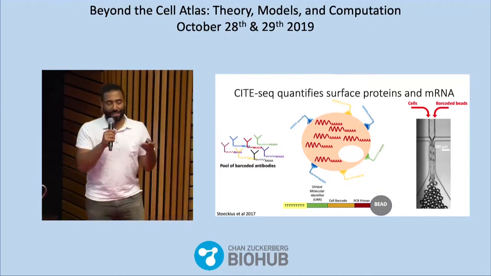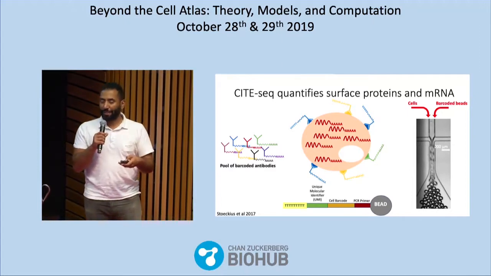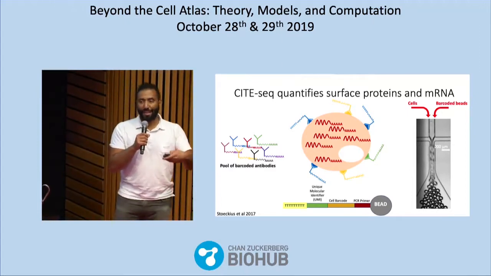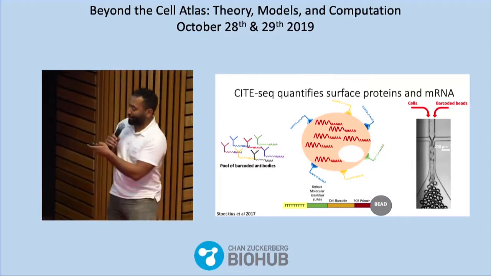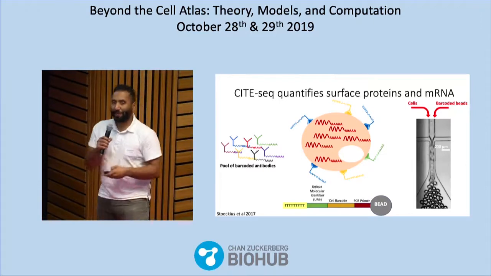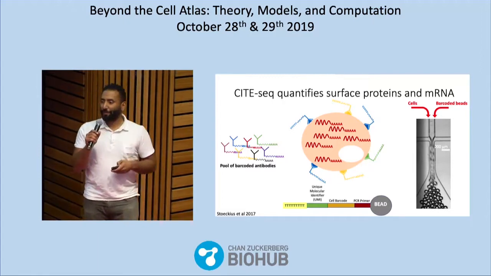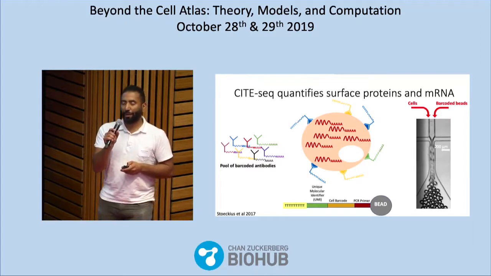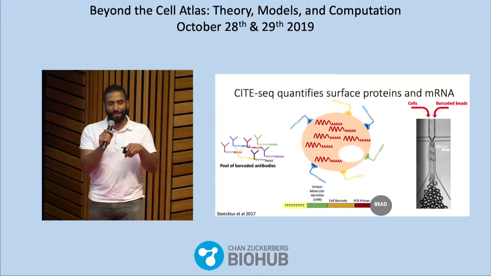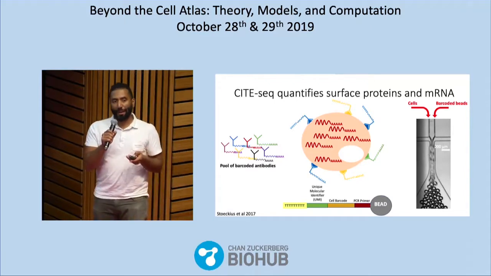And what CITE-seq essentially does is it combines high-throughput single-cell RNA sequencing with highly multiplexed analysis of surface proteins. And the secret sauce is this panel of handcrafted antibodies, each of which is connected to a specific barcode that has a poly-A tail, such that these barcodes look kind of like mRNA molecules.